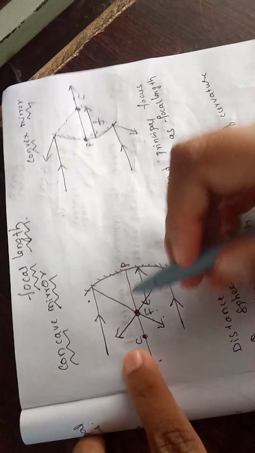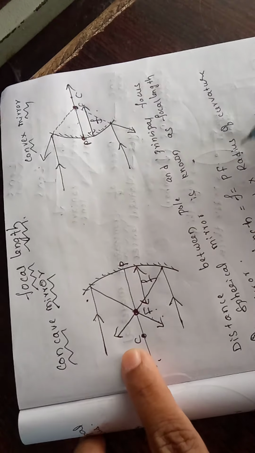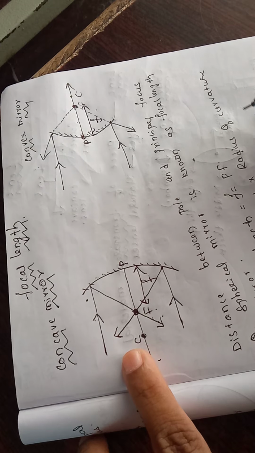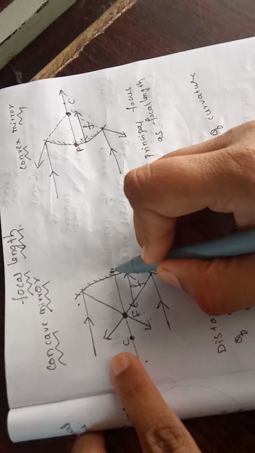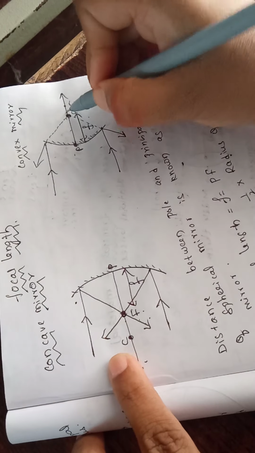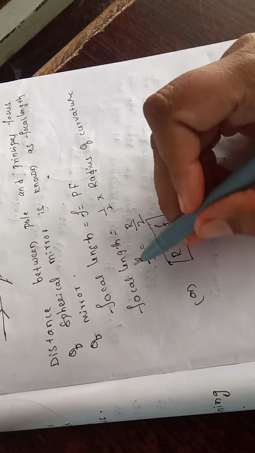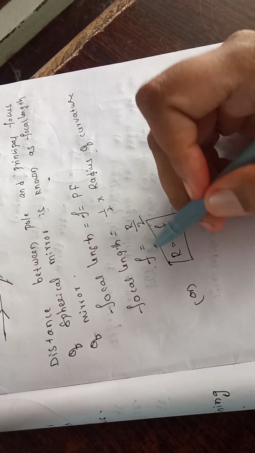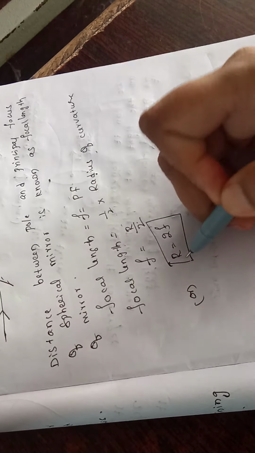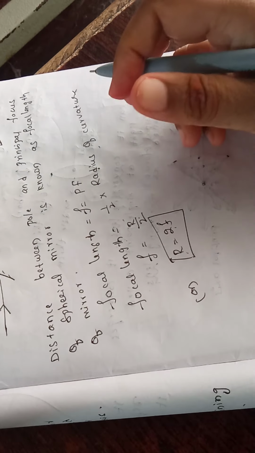It is measured as PF. Here also PF. And the relation between focal length and radius of curvature is: focal length is equal to one by two into the radius of curvature, that is f equals r by 2, or r equals 2f.